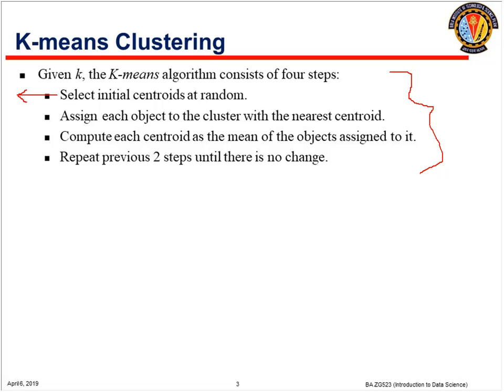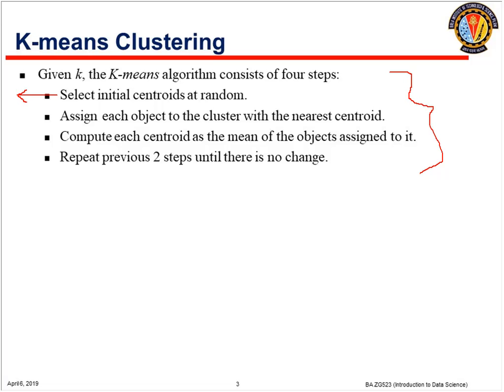But the simplest thing to do is to randomly select k examples as the initial k means, or initial centroids. I'll call them centroids instead of means so that it's not confusing, but centroids are actually means only.